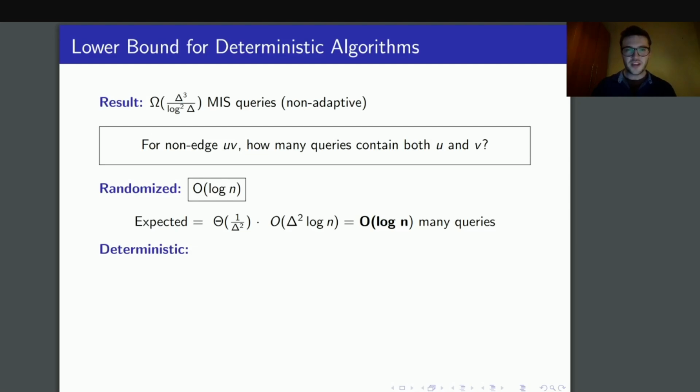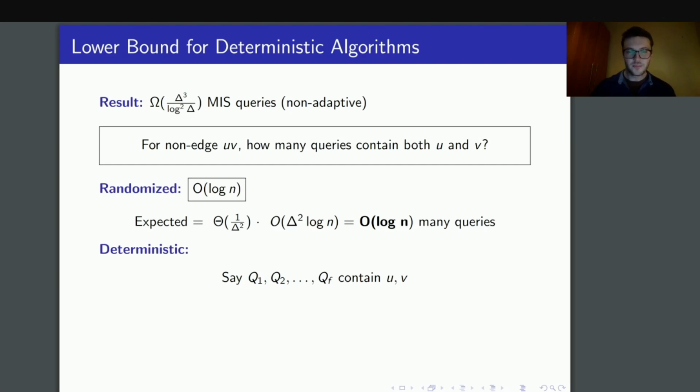But for deterministic algorithms, let's say we consider a non-edge UV that is not contained in any queries of size at most 2. In this case, when we consider the set of queries that our deterministic algorithm will make, let's say queries 1 through to F all contain U and V. Since these queries are greater than size 2, there will always be another vertex apart from U and V that we can choose to include in a witness.